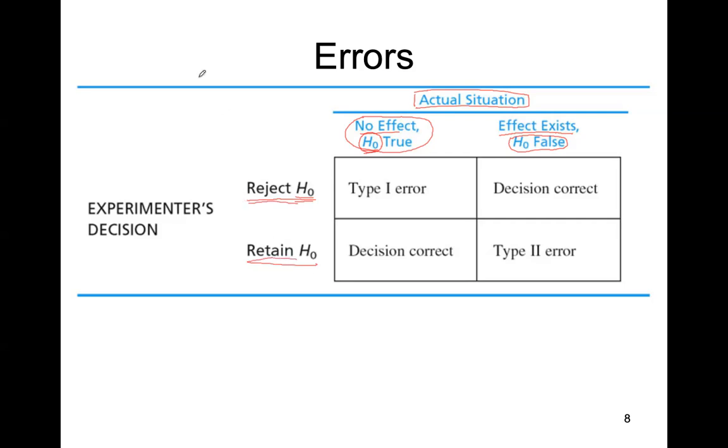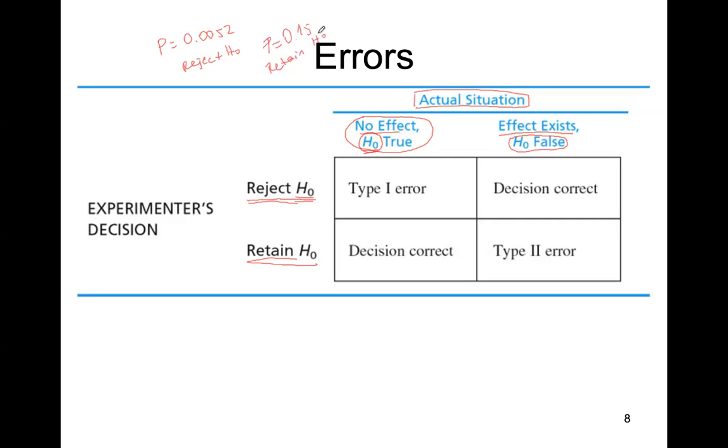For example, we said that the probability is equal to 0.0052. What did we say? We will reject H0, right? That's what we said in the previous slides. If P was equal to 0.15, then we would say we will retain H0.